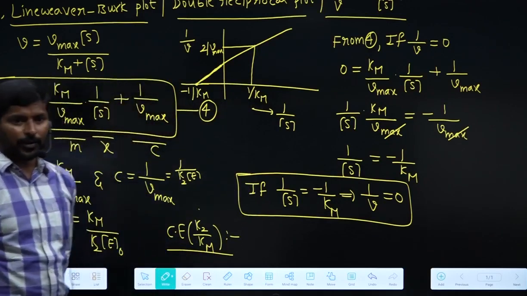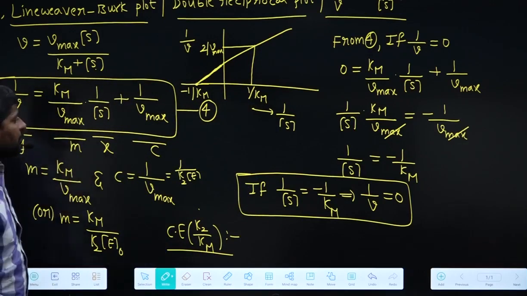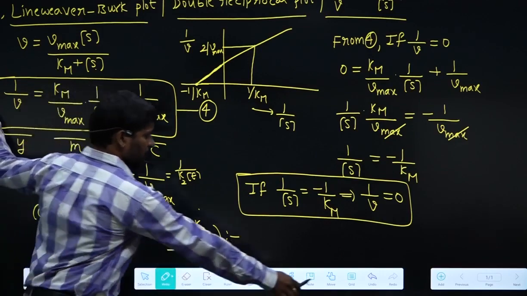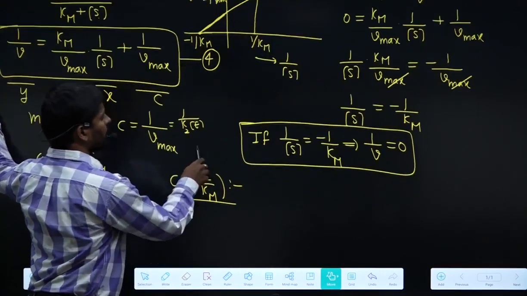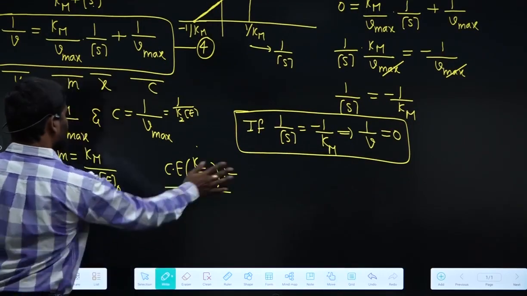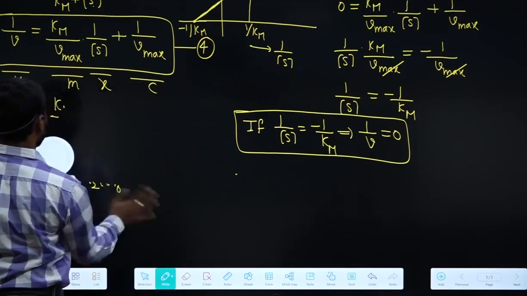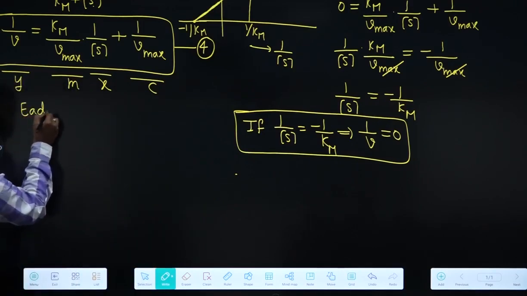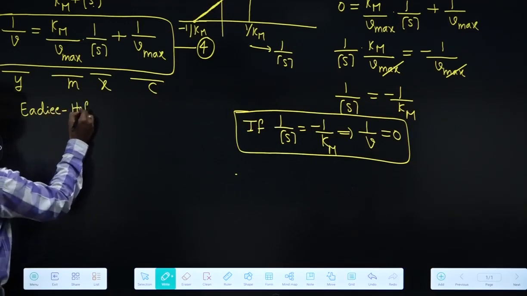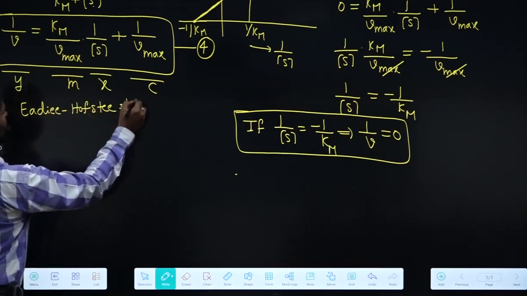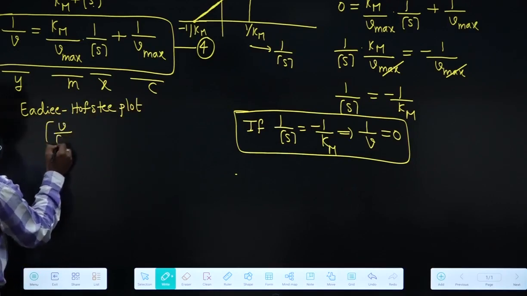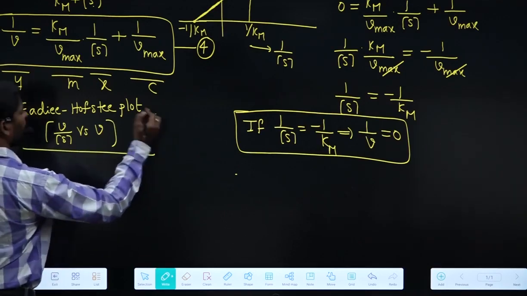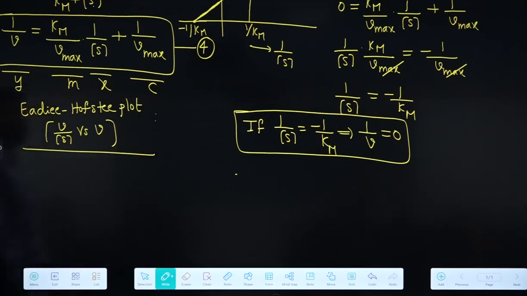Last one, the Eadie-Hofstee plot, that is V by S versus V.